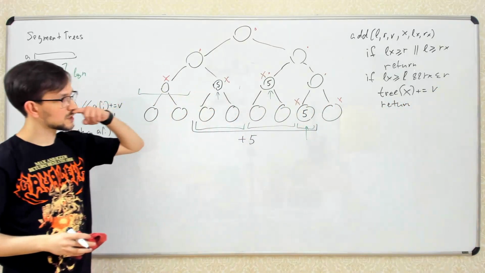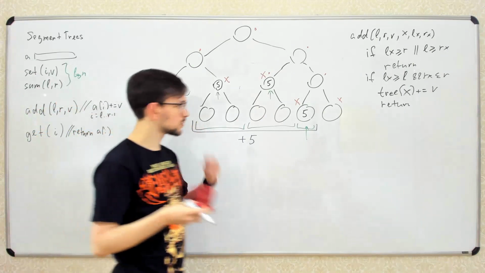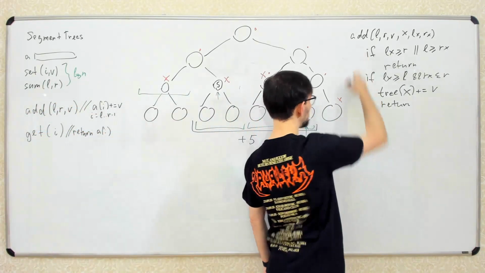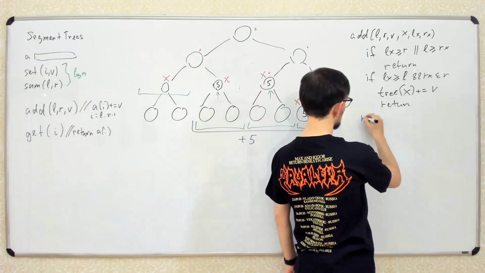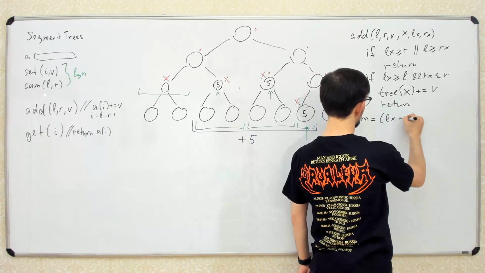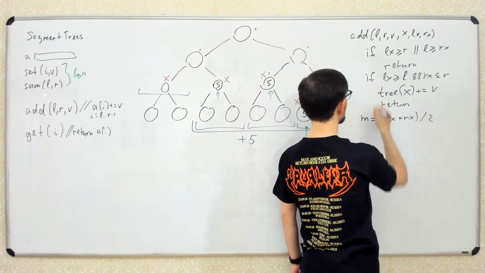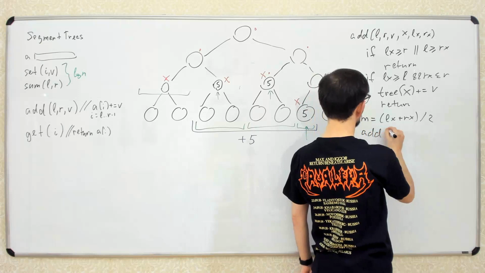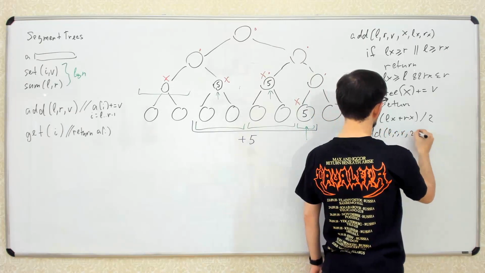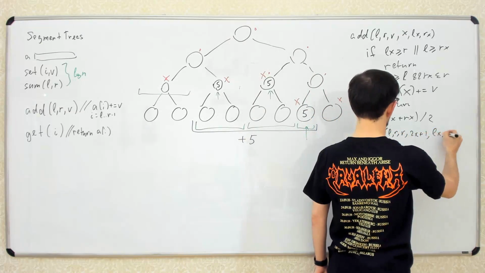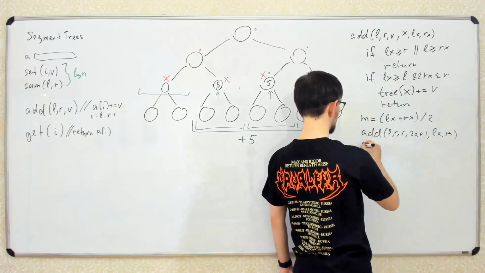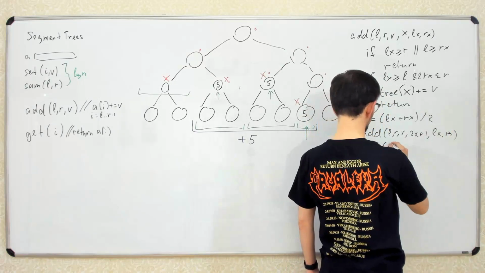If none of this, then we make two recursive calls like before. This whole code is exactly like before. We make m equal to (Lx plus Rx) over 2 and make two recursive calls, left subtree and right subtree.